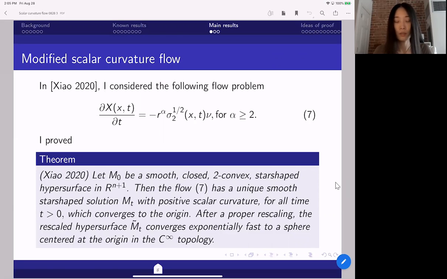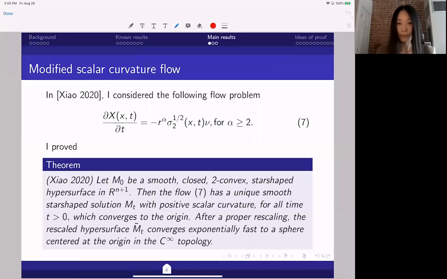In this talk, we consider the following flow problem: x_t equals minus r to the alpha times sigma_2 to the 1/2 times nu, for alpha greater than or equal to 2. This is a generalization of what Li, Shen, and Wang considered earlier.